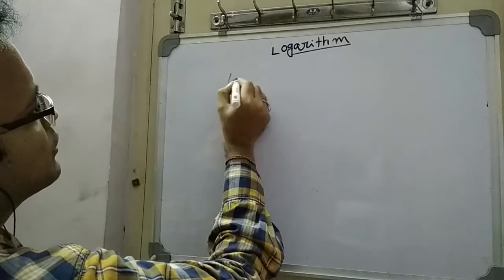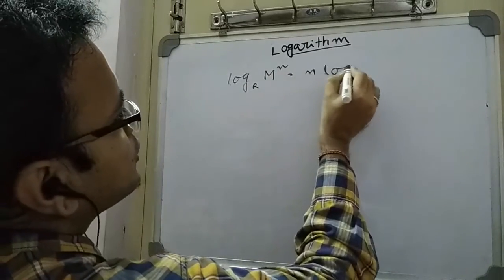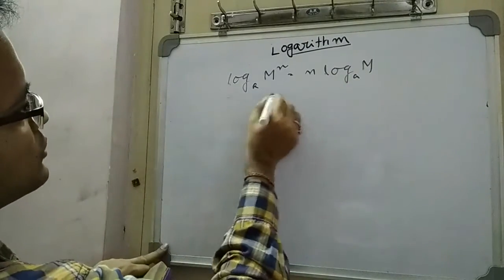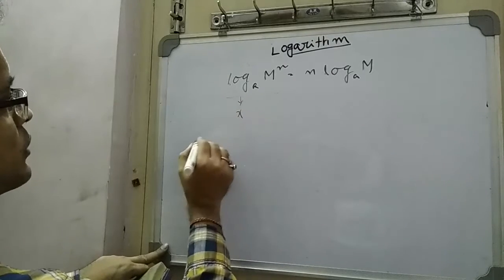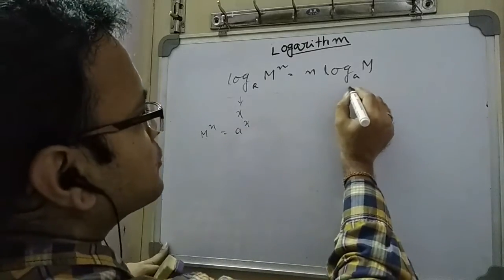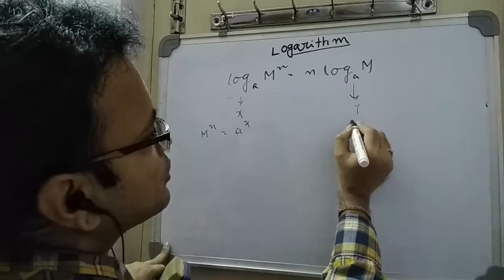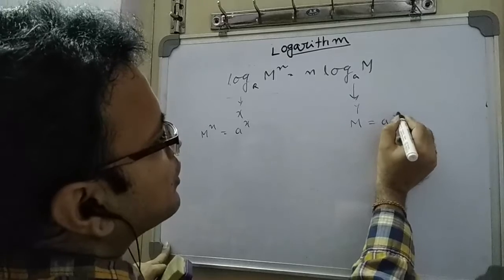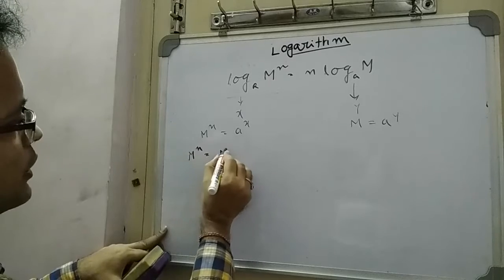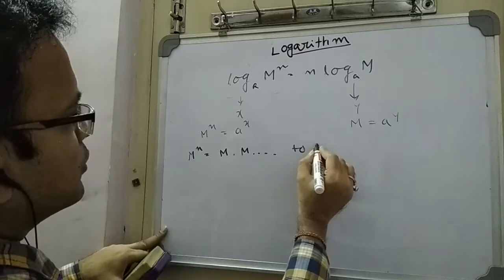Like let me pick any other, like log m to the power n base a equals n log m base a. I will assume this thing as x. So m to the power n becomes a to the power x. Again I will assume only log m, not n, only this part as y. So m becomes a to the power y. Now what does m to the power n mean? Multiplying m into m, n times.